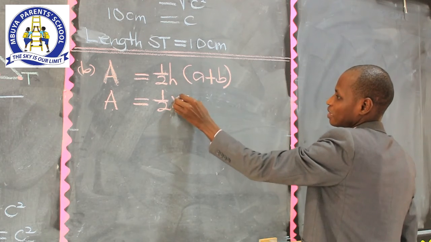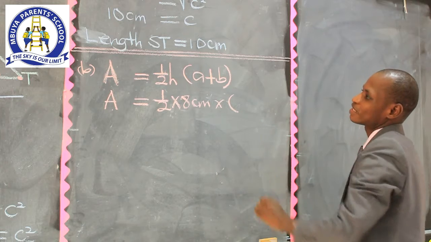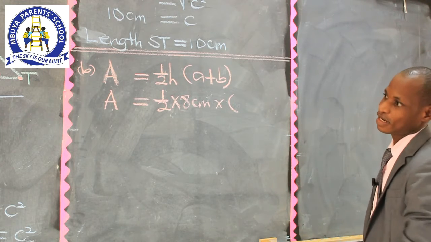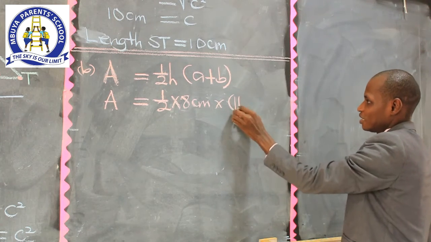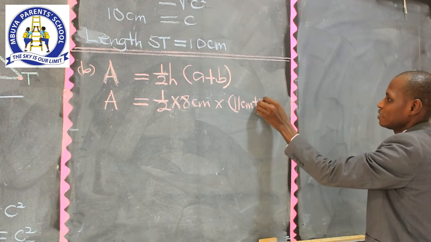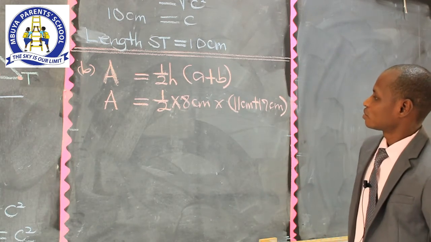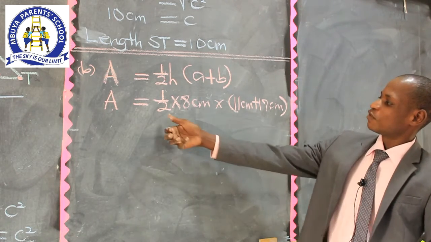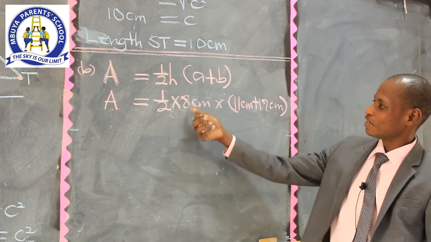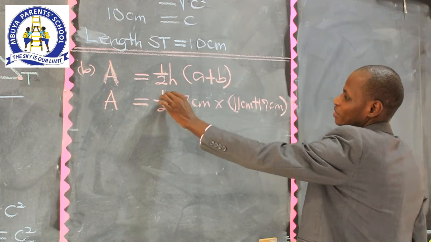And we have the second part for substitution automatically. This is a half times 8, then multiplied by the sum of A and B. That is 11 centimeters plus 17 centimeters. We may cancel from that very point, since we already have the 8, which is a multiple of 2. So cancelling can be done at that very moment.